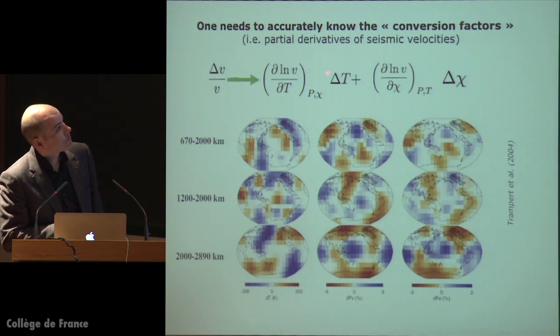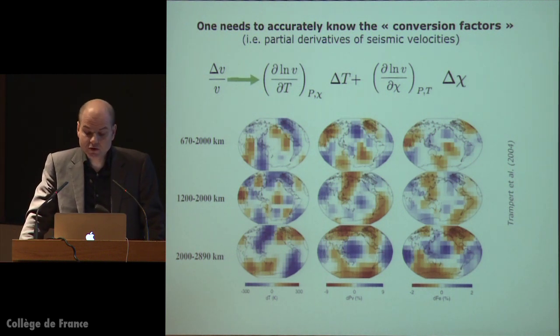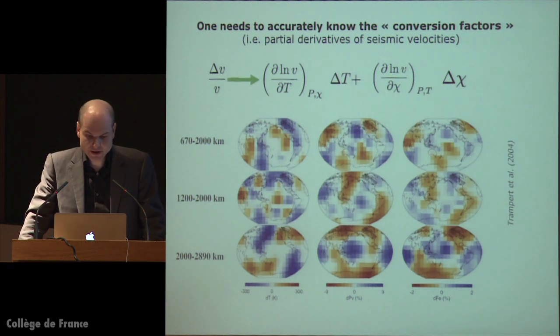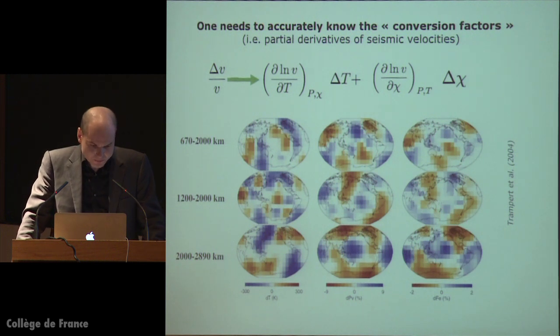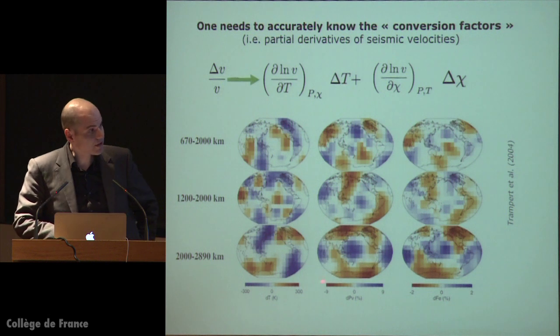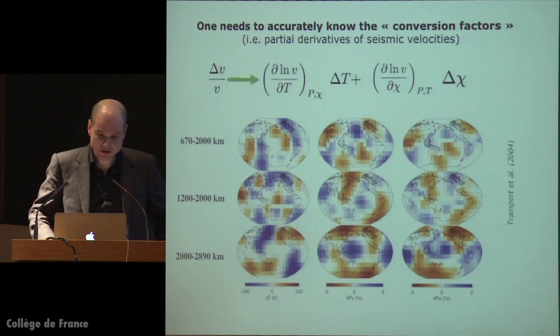Using these two conversion factors, you can obtain lateral variations of temperatures and lateral variations of chemistry as a function of depth if you take the tomography at each depth. Here I show the results from the study by Trampert in 2004, who at different depths derived variations of temperatures, variations of perovskite content, and variation of iron content in the assemblage.